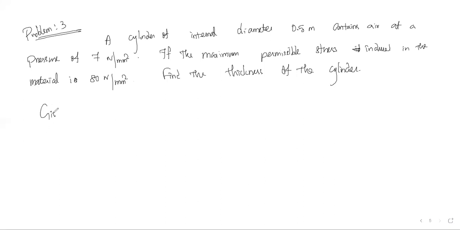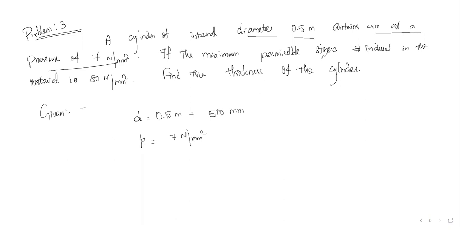So first we should go for the given data. Cylinder of internal diameter 0.5 meter, so D is equal to 0.5 meter, that is 500 mm. It contains air at a pressure, small p, given as 7 Newton per mm square.